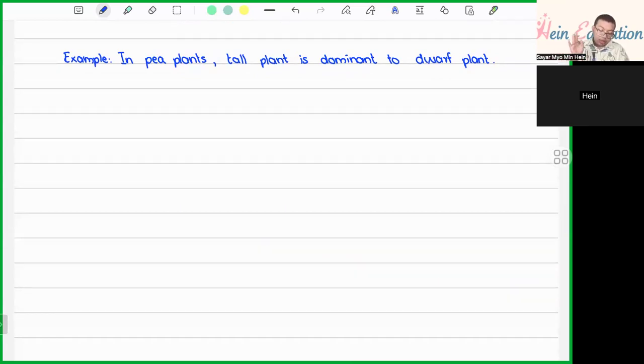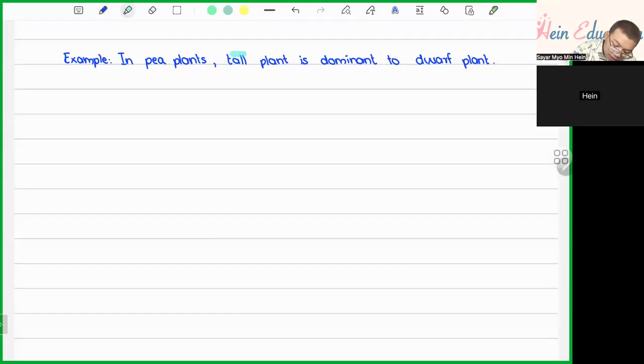So, example: in pea plants, tall plants are dominant to dwarf plants. The question already states that tall plants are dominant to dwarf plants, meaning that dwarf plants are recessive and tall plants are dominant. In genetics, or in inheritance calculation, to make it simple, if a character is dominant, we represent it with a capital letter. And if it is a recessive character, we use a small letter of that same alphabet to represent the recessive.